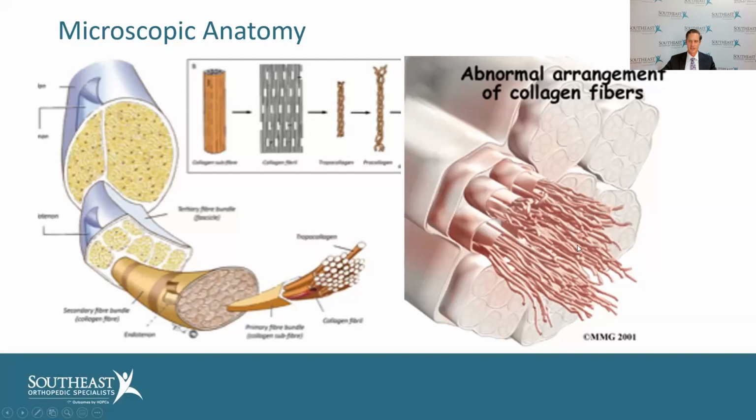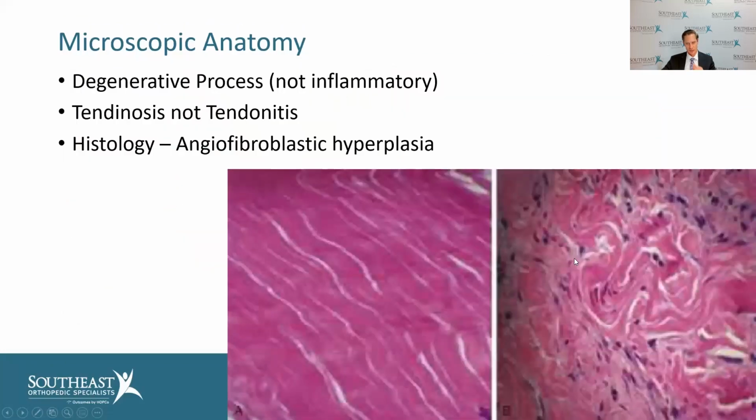In the diseased or abnormal version, you've got these torn, twisted, tangled fibers that aren't healthy and aren't normal appearing. We'll see that again in this microscopic slide, where on the left-hand side you've got nice straight tendinous fibers, and in the disease condition on the right-hand side, you see diseased tissue with tangled fibers.